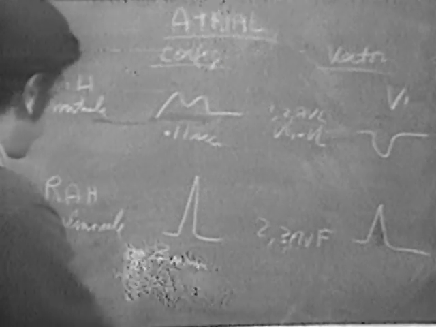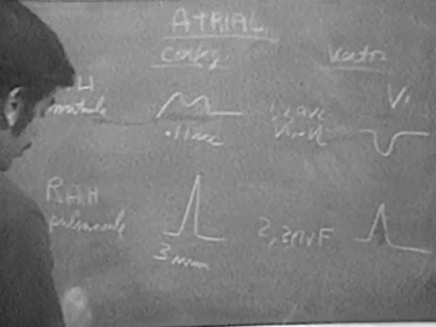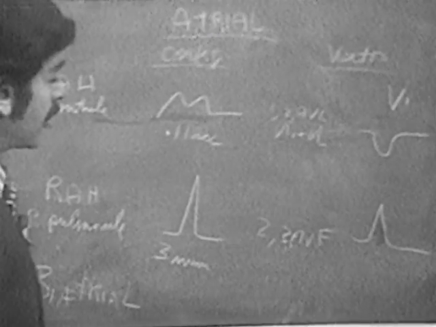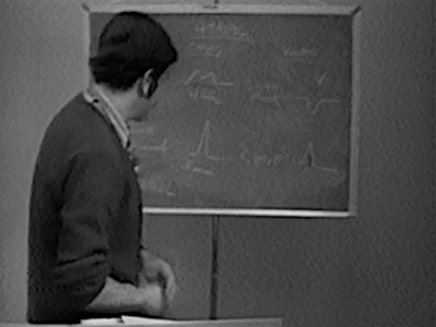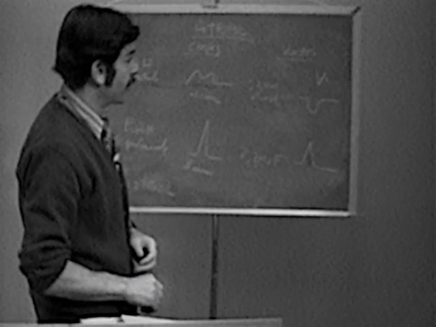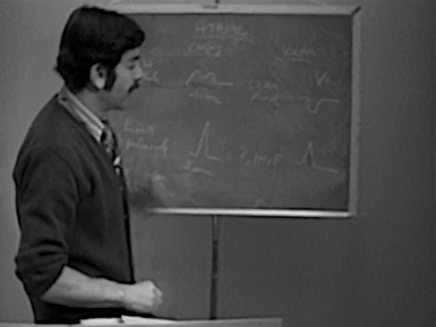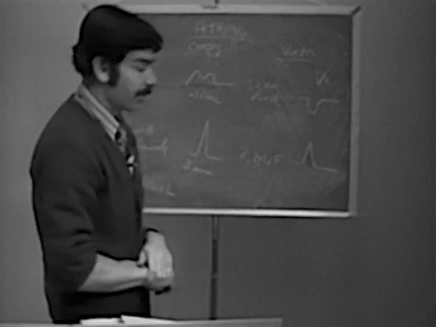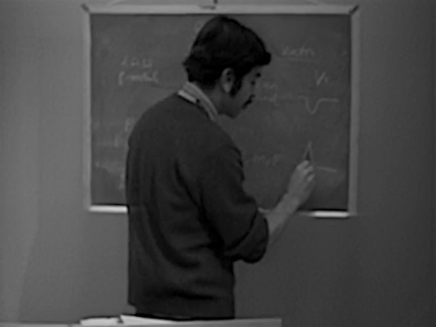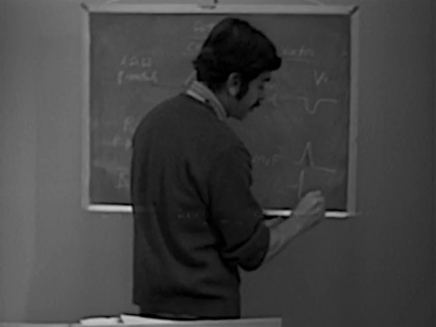Okay, now let's take a look at biatrial enlargement. Biatrial enlargement can be both peaked and broad in its configuration. You best see biatrial enlargement in lead V1, where you get a biphasic complex, tall positive and broad negative.